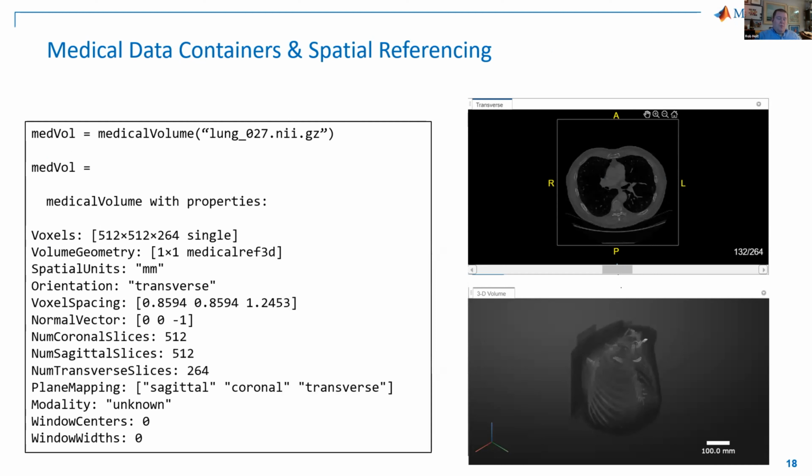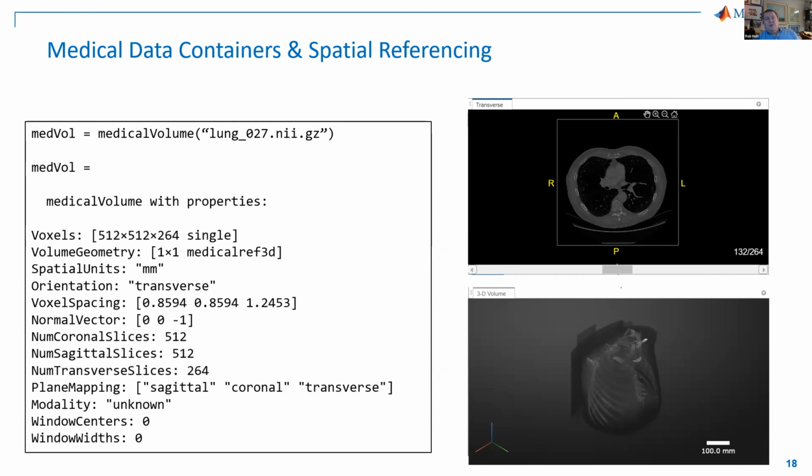So one of our keystone features is that we have a new medical image data type. And this is really something that I want to hammer home for some of the more advanced programmer users here.